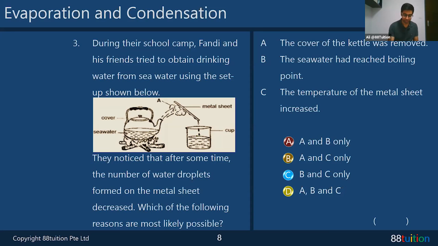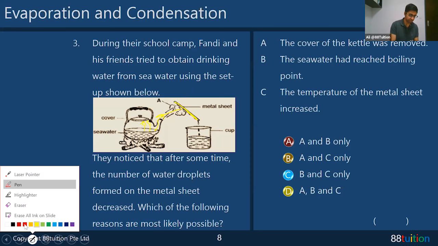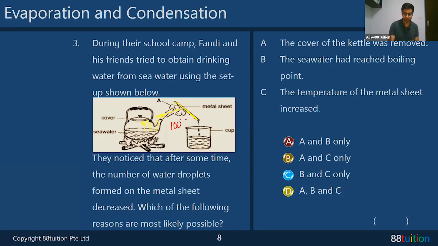So this is a process that will allow the boiling to take place. Steam will come across here, and the steam will condense on a cold metal sheet. The metal sheet is colder than the steam, because steam is at 100 degrees Celsius, whereas the metal sheet is less than 100, usually cold, maybe 30 degrees Celsius or room temperature, or even colder, 20 degrees Celsius, depending.